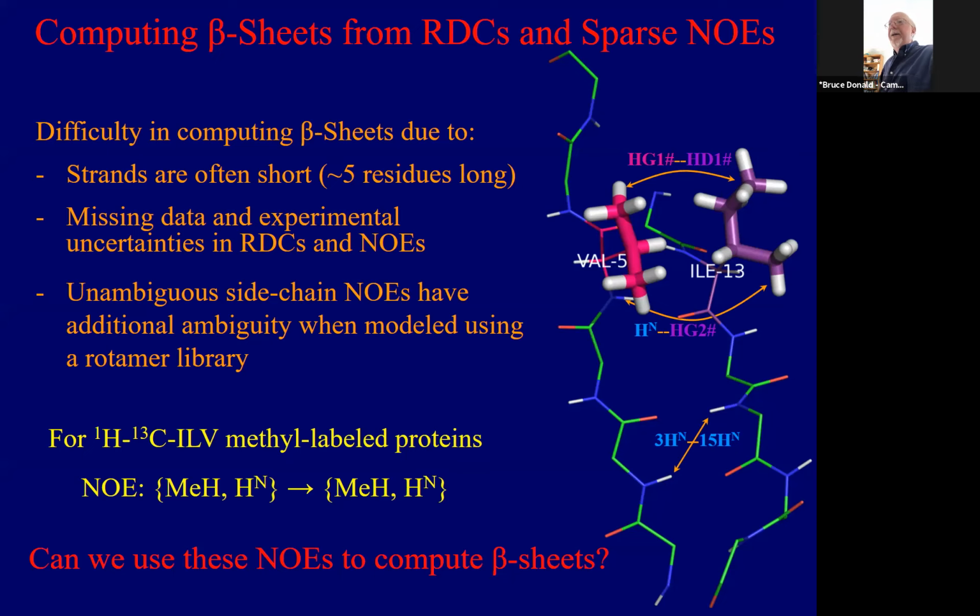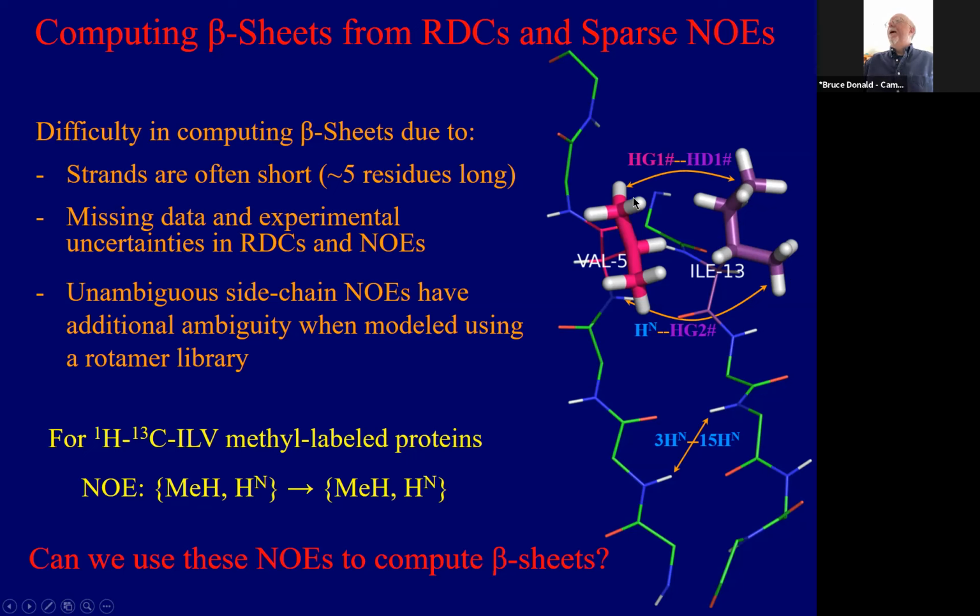And basically, you can have NOEs between the beta strands, but if you are trying to simultaneously assign the rotamers, the way to think about it here is that we have an example of an NOE between one of the H gamma protons of valine 5 and one of the H delta protons of isoleucine 13.